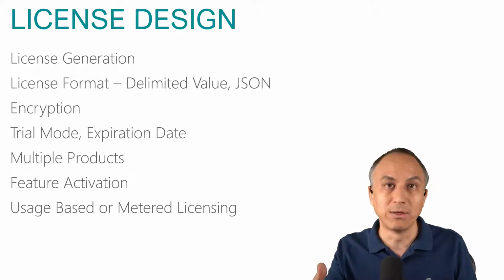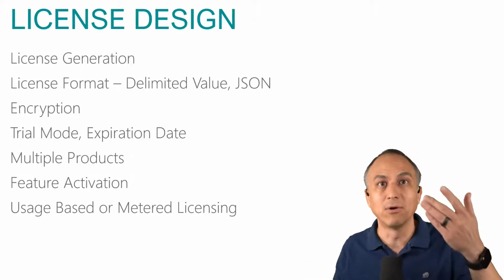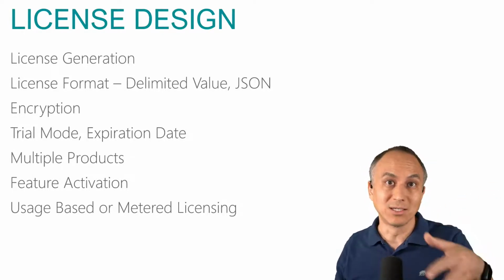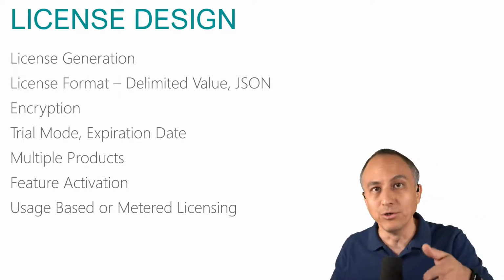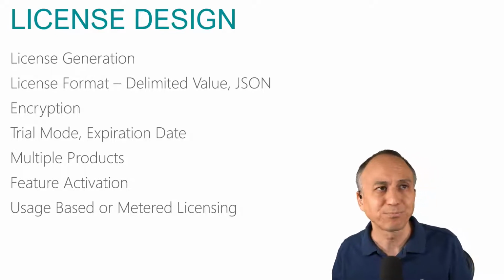You need to monitor that. So all sorts of scenarios for licensing, right? You've got to figure out how you design a licensing model and a license structure that will support your business model, the use cases of your application, and how customers might use them.